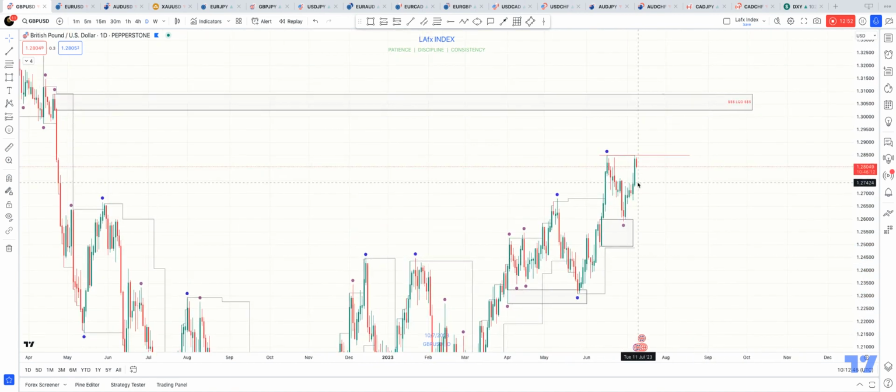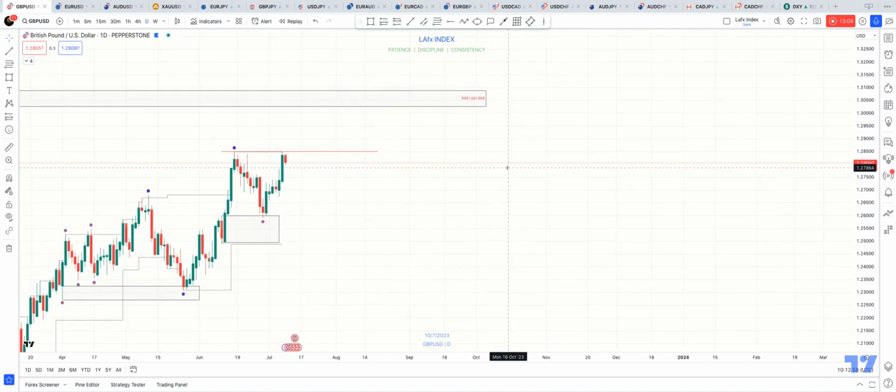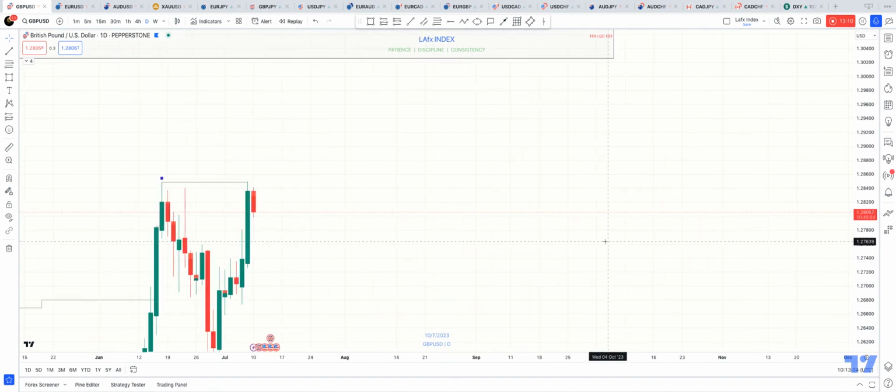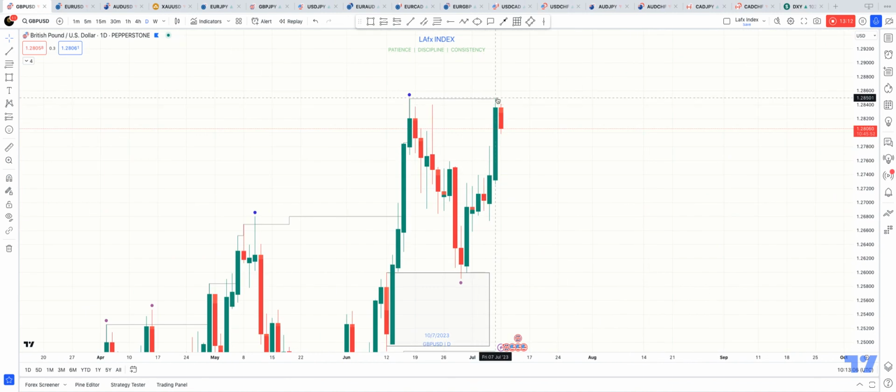We are expecting price to take this high and then come down and respect some sort of demand, maybe here or down here, depending on how price breaks here, right? Yeah, you could say we have.